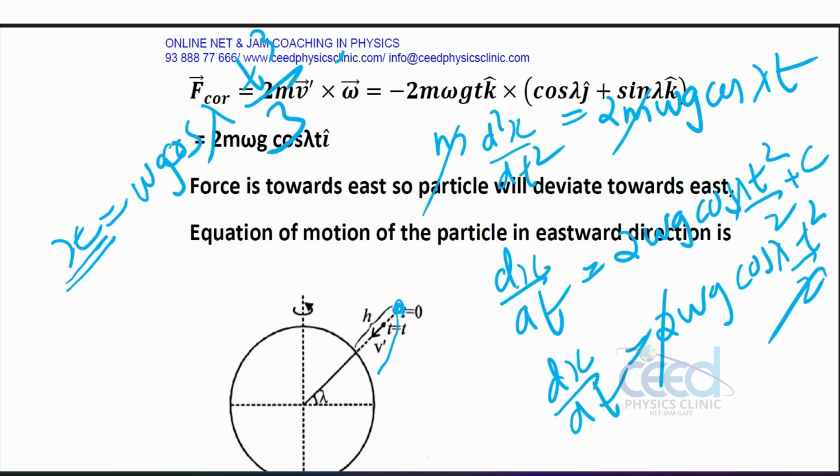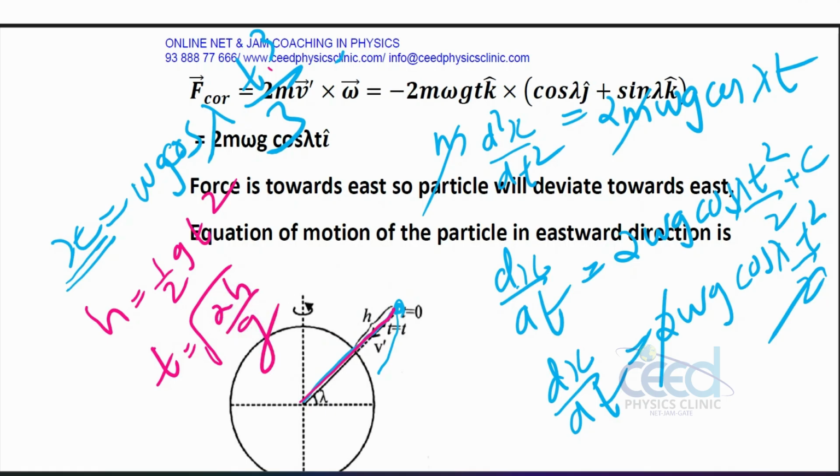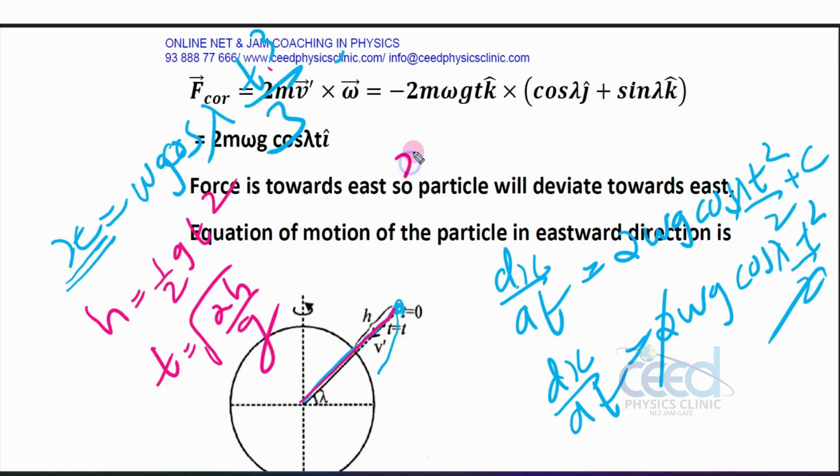But a body falling from a height h, what is the time taken to fall? h is equal to half g t square, because initial velocity 0, so falling time is this, then t is equal to root 2h by g. If I substitute all this here, what is x value?